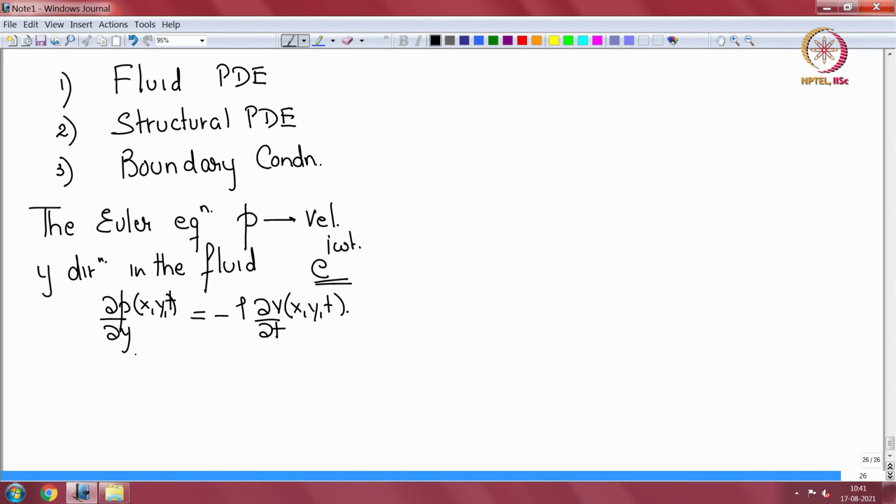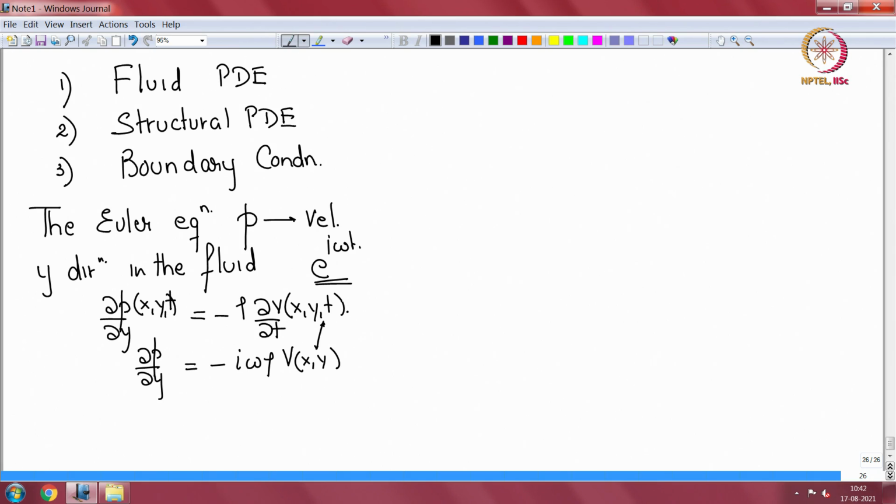So now what I have is del P by del Y is equal to minus I omega rho V. This V and this V are slightly different.